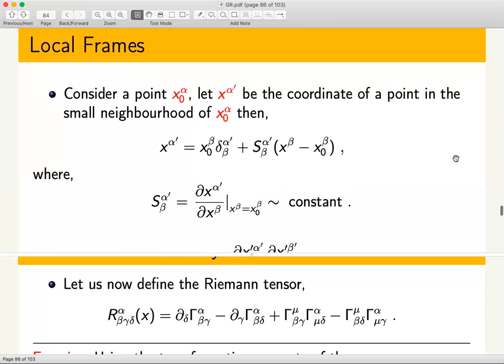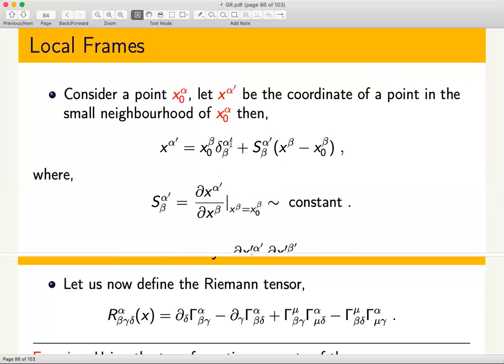So what you're doing is using this coordinate, writing that in as a kind of Taylor series expansion around a point x0 alpha. One thing is that you relate it to the original coordinate system.